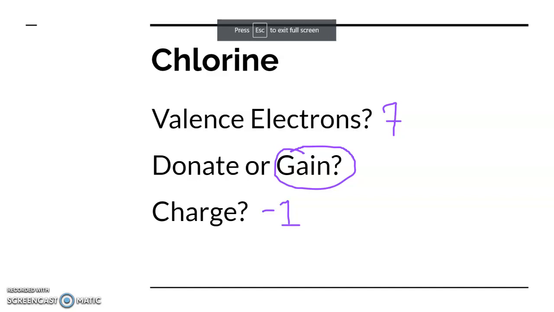Okay, and it's essential that you be able to do this in order to get the correct charges for your metals and your nonmetals when you're doing ionic bonding. There are periodic tables out there that do have the charges above the groups because, of course, chlorine is a halogen. All of the halogens, all of the elements in group 17, are going to have a -1 charge, always.